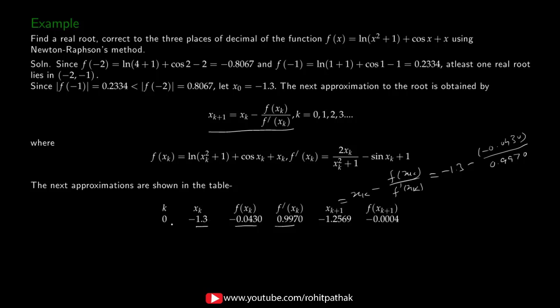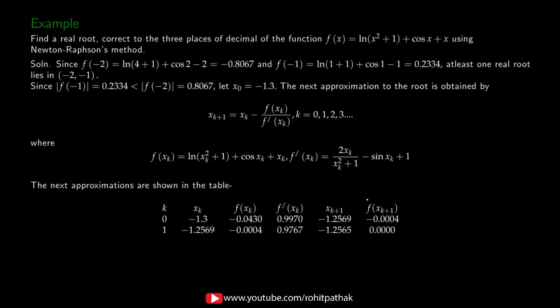Here you see in the first step itself we get the value -1.256, which we were getting in 4 or 5 steps in regula falsi and 9 and 10 steps in the bisection method. So this value -1.256 was obtained in the bisection method in the 9th and 10th steps, in regula falsi in the 4th or 5th step, and in Newton-Raphson in 1 step only.